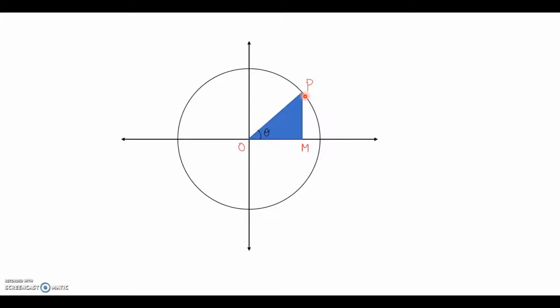When I move it up, you see that this length keeps increasing and this length keeps decreasing. As it moves up, this is decreasing and this is increasing. And also you will notice this theta goes short, but then it becomes bigger and bigger. The angle is getting bigger.